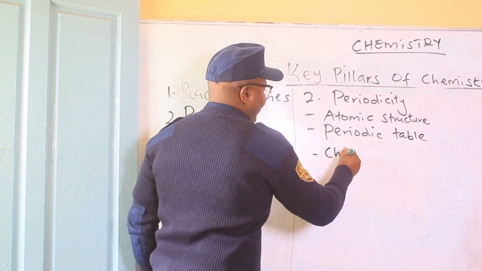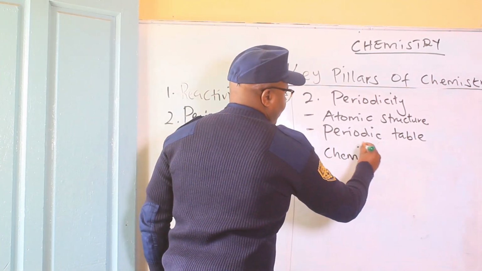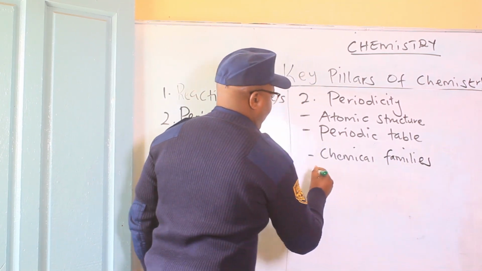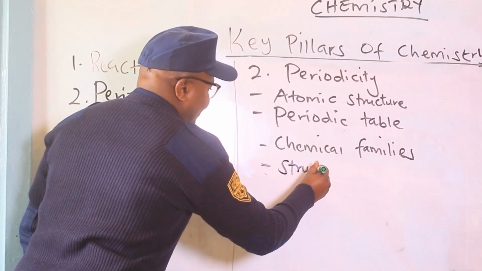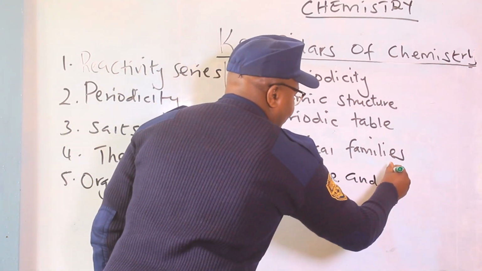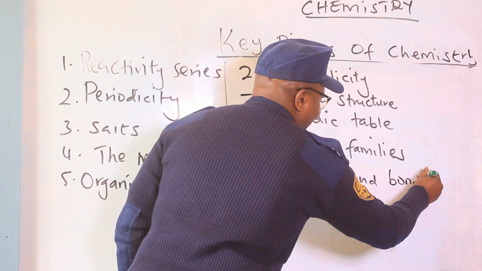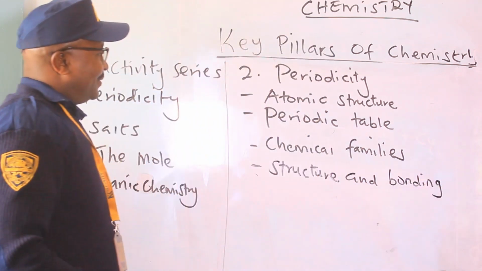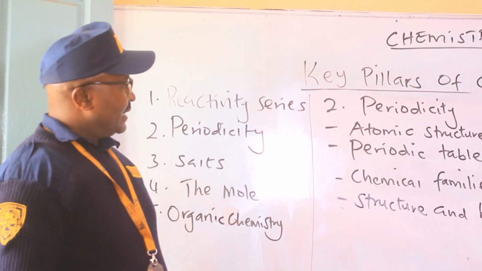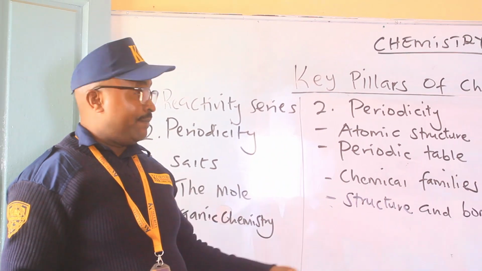Then we have the chemical families. Structure and bonding. So basically, what we need to do is understand these areas under periodicity.